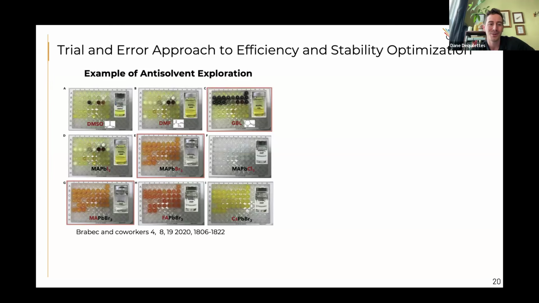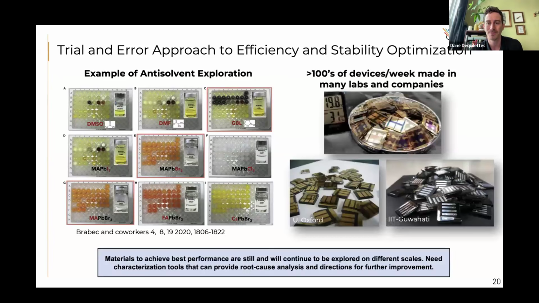More recently, there have been groups developing automated tools, such as Christoph Brabec's group, who was looking at different anti-solvents for a lot of different perovskite formulations. And so just highlighting again this huge parameter space that we have to explore in order to really find the best permutation for the devices that are going to be deployed.